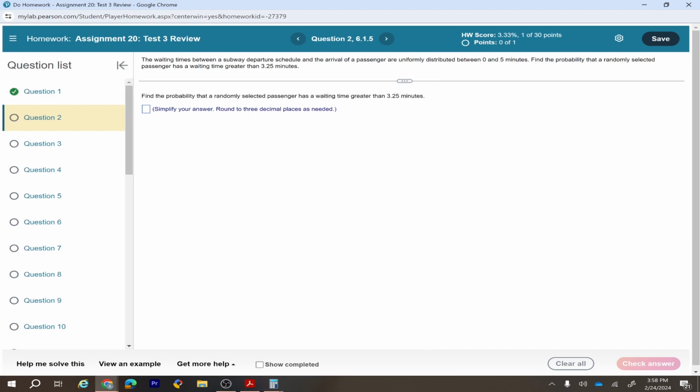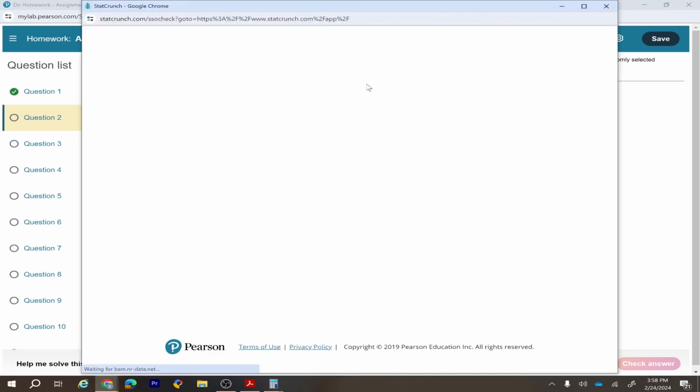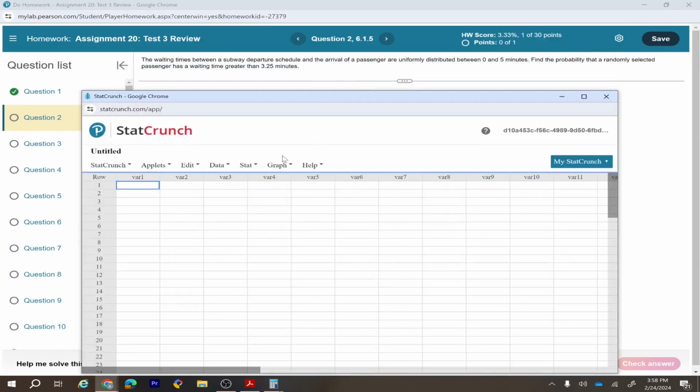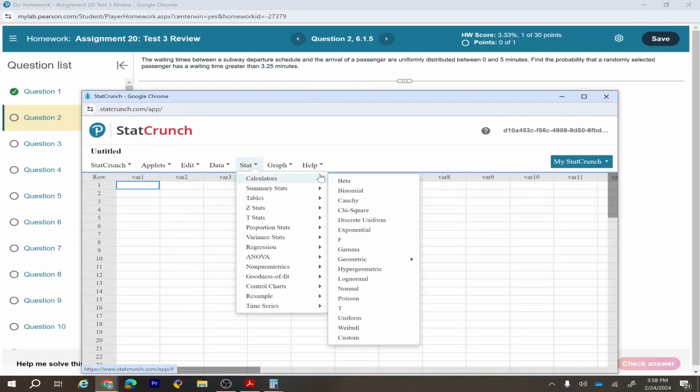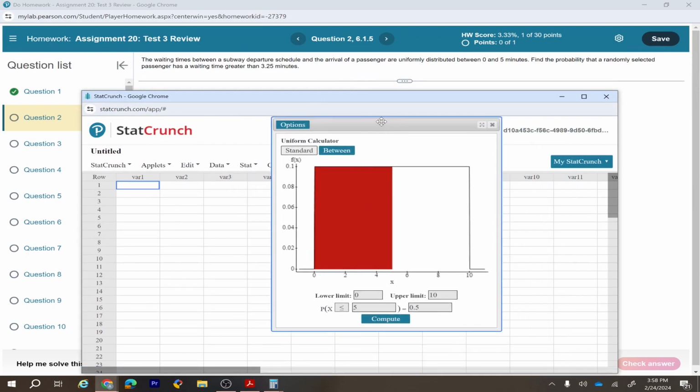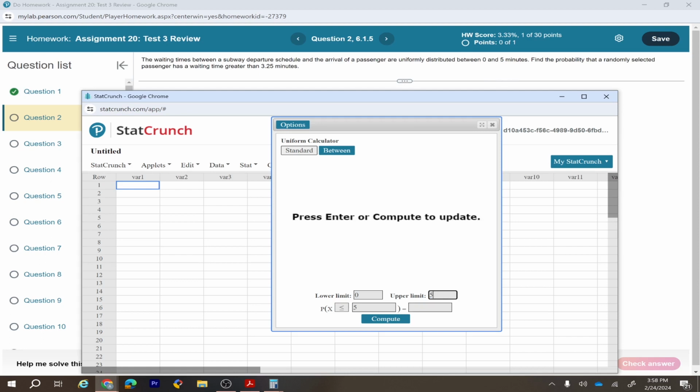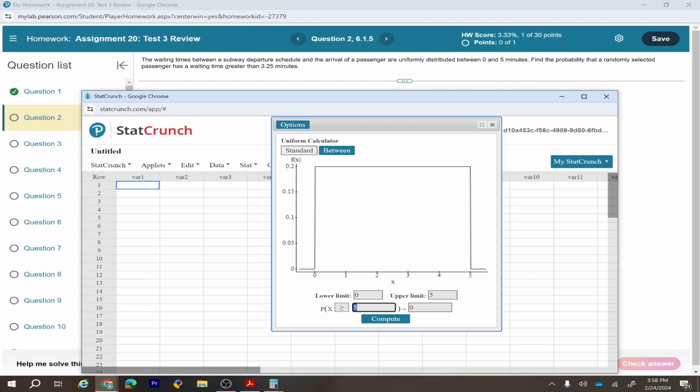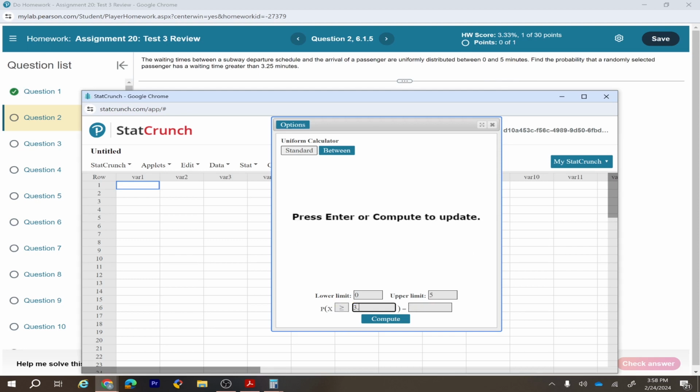Find the probability that a randomly selected passenger has a waiting time greater than 3.25 minutes.